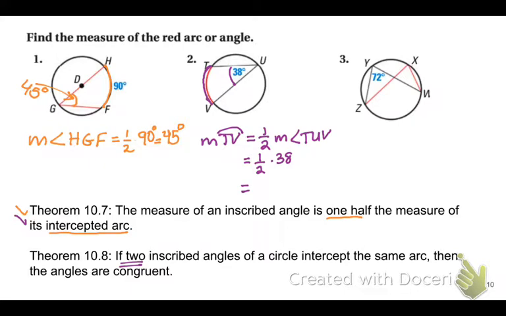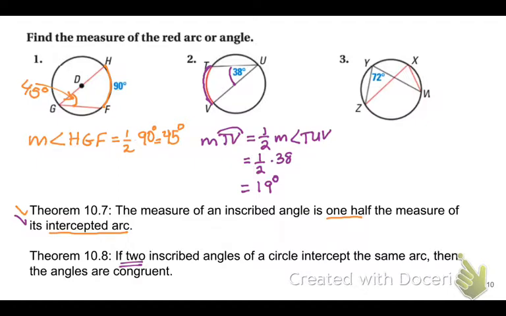Yeah, 16. Nope, 18. Sorry. No, 19. Good grief, it's late. Sorry. There you go. It is 19 degrees. So now we've used theorem 10.7 twice. Now let's look at number 3.